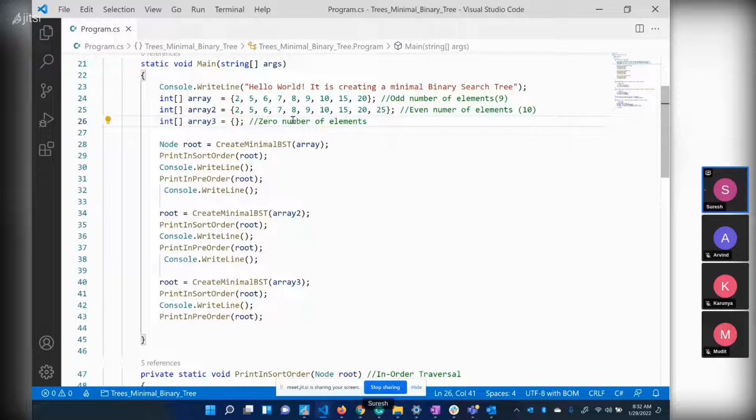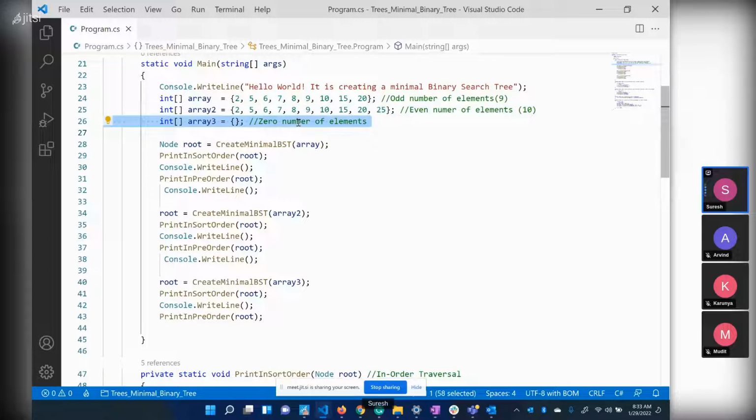Let me know if you find any other use case. This is very important in interviews. When you write the code, if you only take one case, say 7 or 9 elements, the interviewer will ask, is this the only use case? What are the different inputs? There could be an even number of elements as another input.